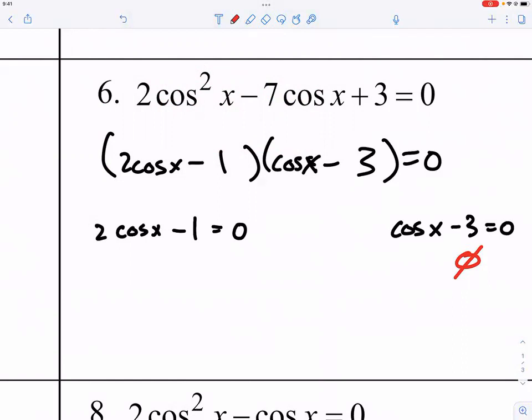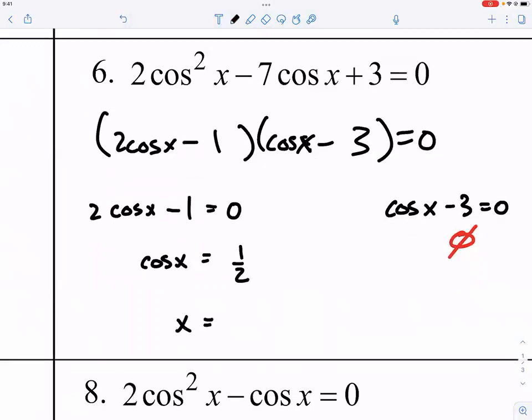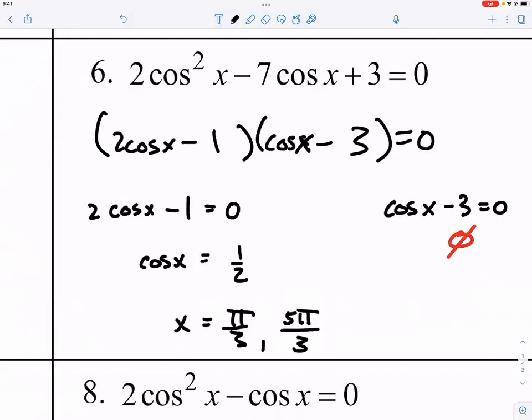You're not going to get anything that would make the statement true. So you put all your hopes on the left-hand side. Cosine x equals 1/2. What would x be? Pi over 3 and 5 pi over 3.